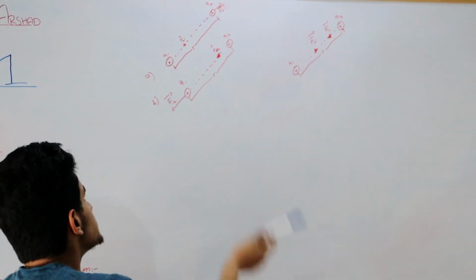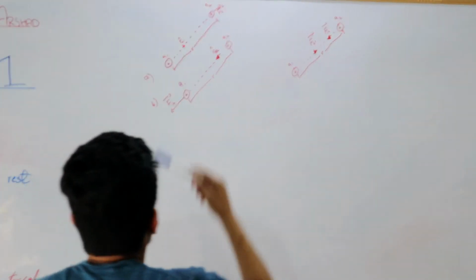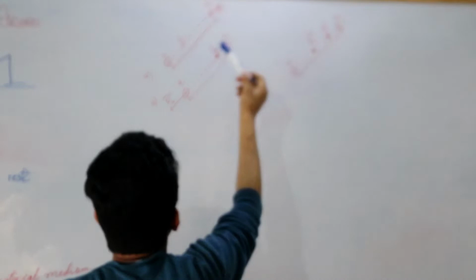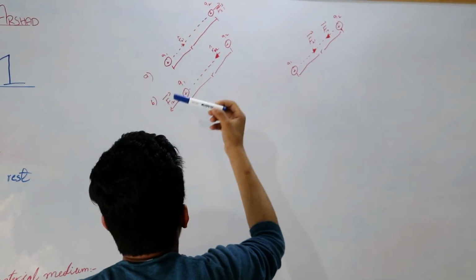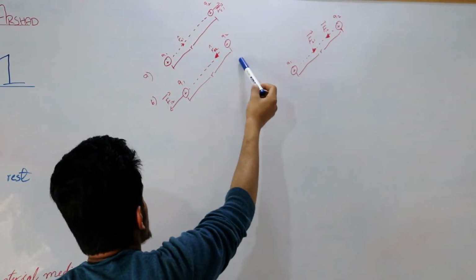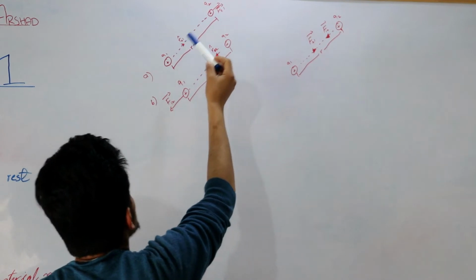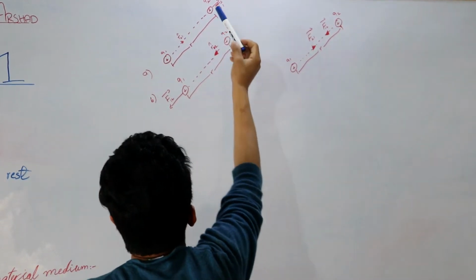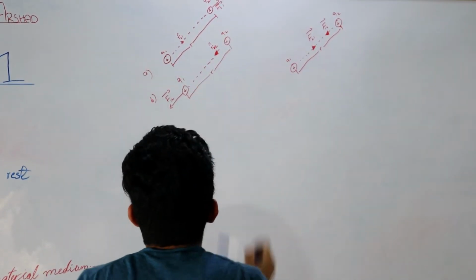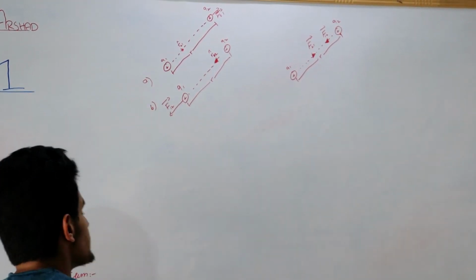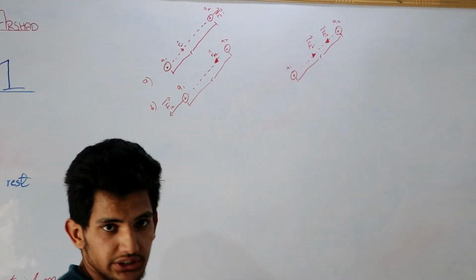Now moving toward the diagram. The unit vector r12 is pointing from Q1 to Q2 and the unit vector r21 is pointing from Q2 to Q1. So from these diagrams we get two types of equations.